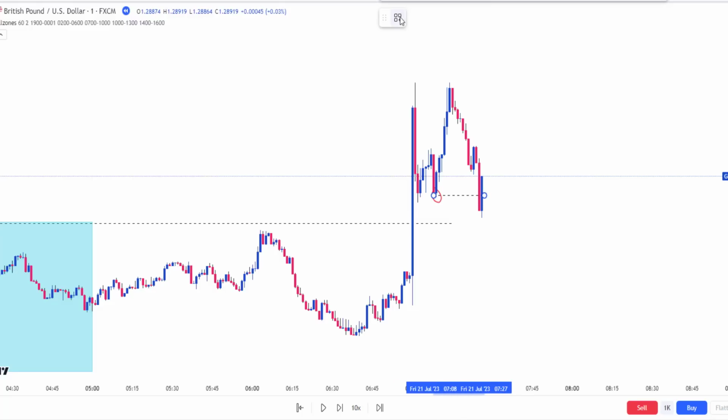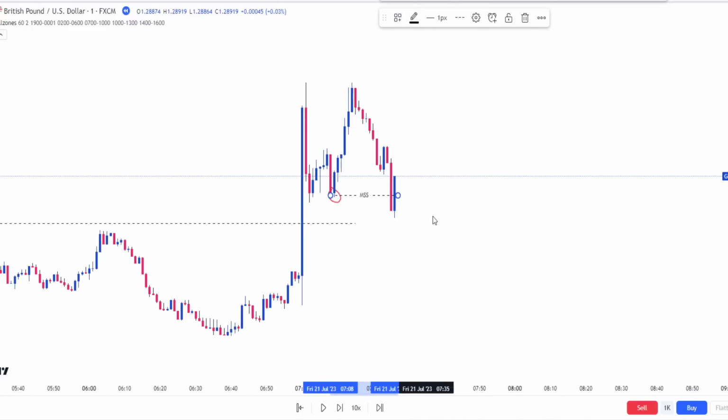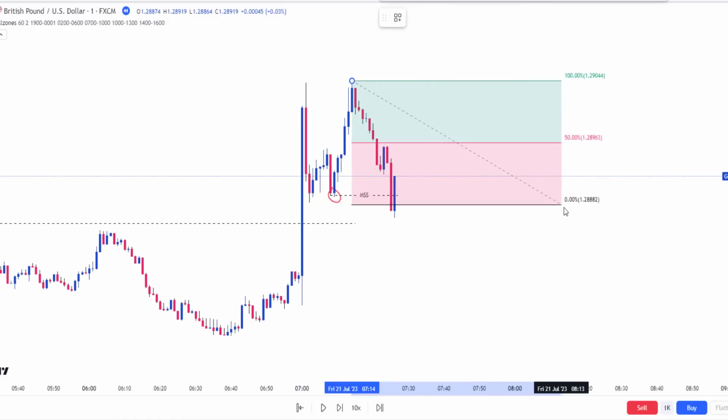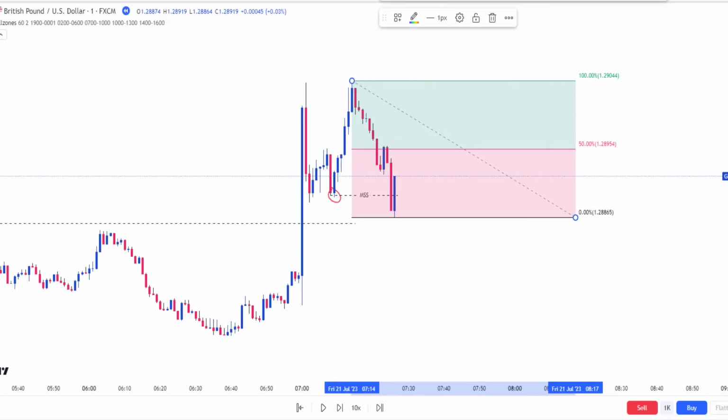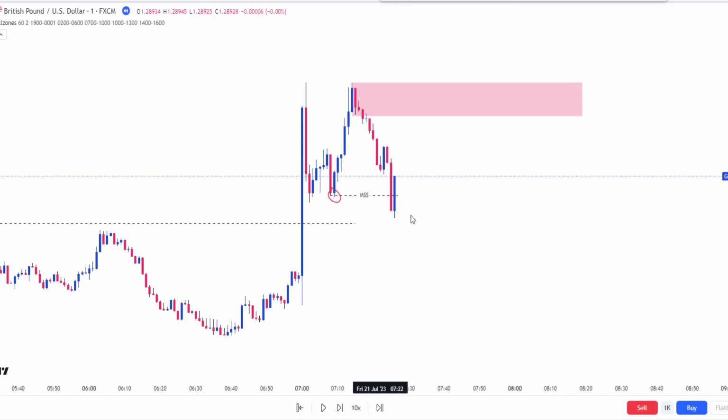Taking you through everything I've done. Market structure shift right there. So I was waiting for price to come back to premium because I'm going bearish. I measured this area and I discovered that this particular order block can be a very good point of interest. You know, when you are trading, you're actually doing a different thing from back testing.